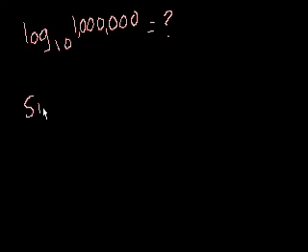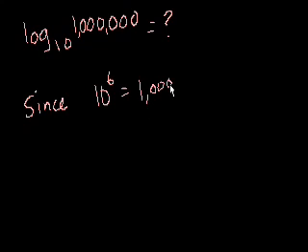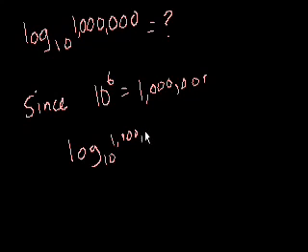So since 10 to the sixth power is equal to 1 million, log base 10 of 1 million is equal to 6. Just remember, this 6 is an exponent that we raise 10 to get the 1 million.